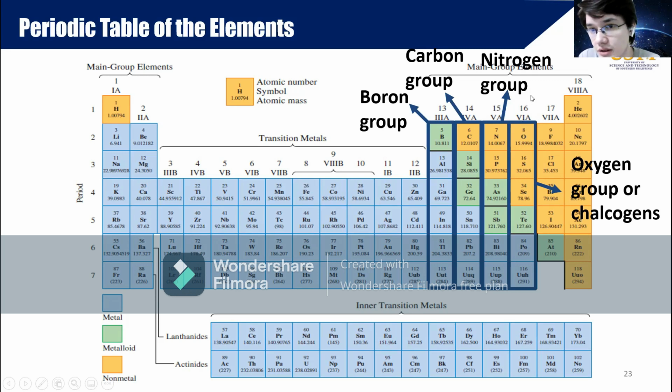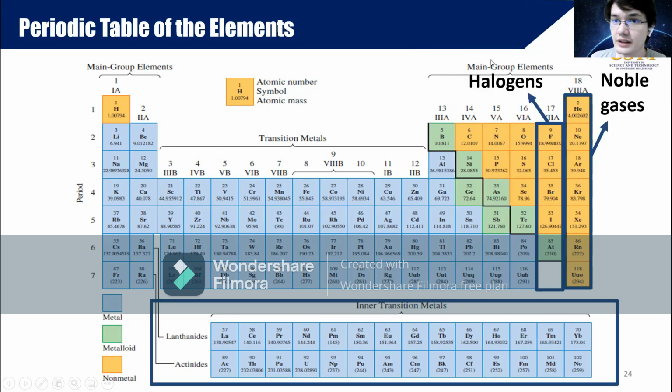We have our oxygen group, which gives out 6 valence electrons. And we have the halogens that have 7 valence electrons for bonding.